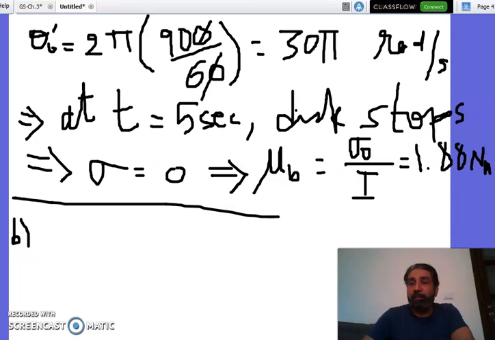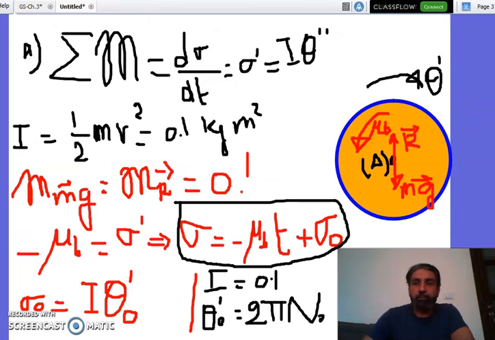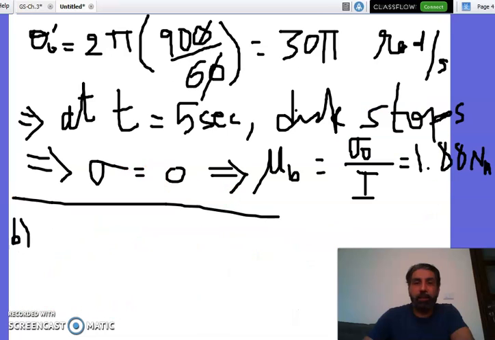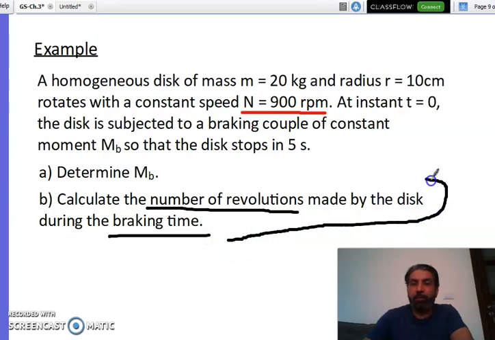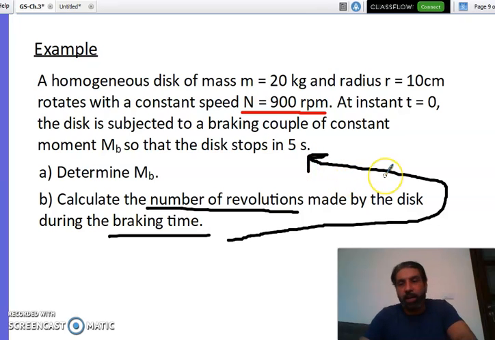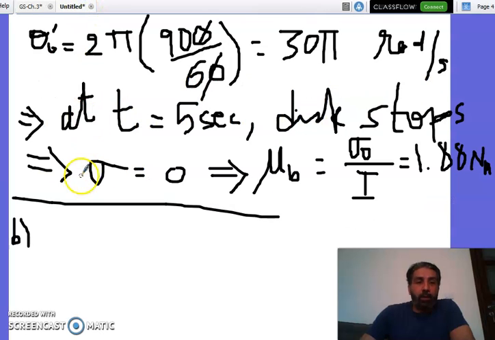Now part B. In part B, calculate the number of revolutions. We want to calculate the number of revolutions made by the disk during the breaking time. What is the value of the breaking time? It is 5 seconds. Okay.